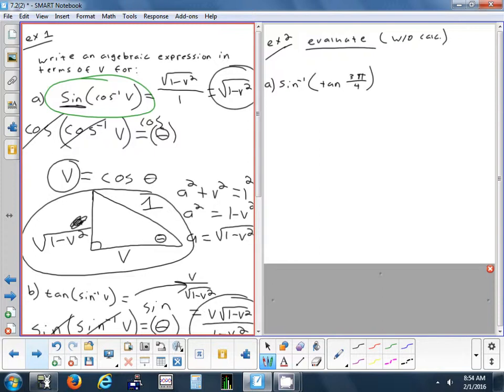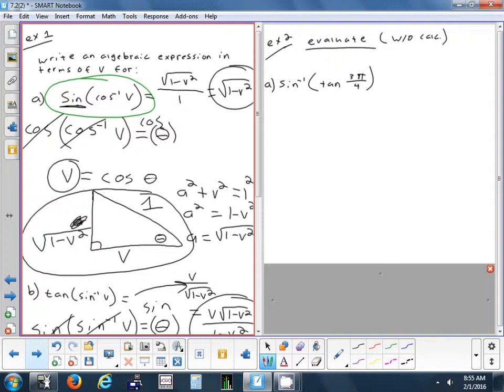In case we're not sure what that is, what's 3 pi over 4 in degrees? Pi is 180. Well, what's pi over 4? No, pi is 180.